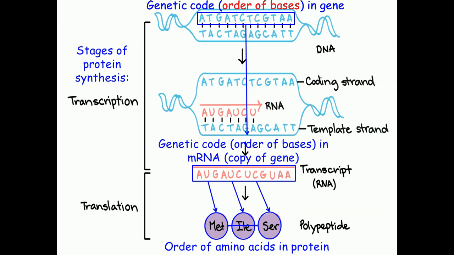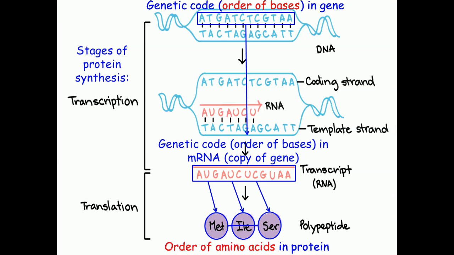So to summarize, the order of bases in the gene, which is the genetic code, the instruction to make the protein, is first copied in transcription to make mRNA. And because it's copied, that order of bases is now the same in mRNA, so it also contains the instruction to make the protein, and we can use that copy to put amino acids in the correct order.